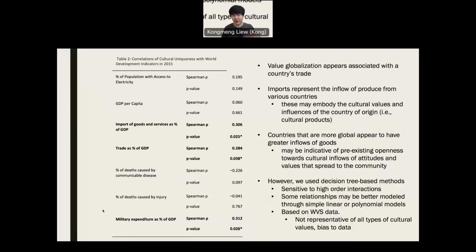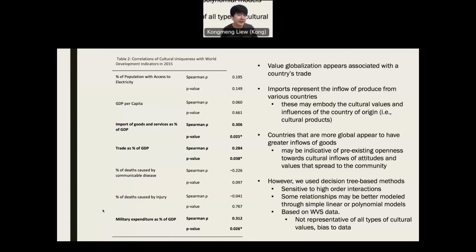We looked at possible explanations of this, at correlations with some external indices. We found that trade, particularly import of goods and services, tended to predict this value globalization. Countries that were high on value globalization, that were more connected to the rest of the data, tended to have higher values of trade.